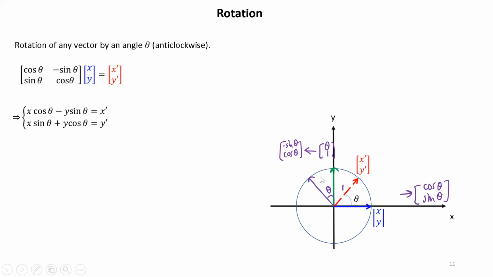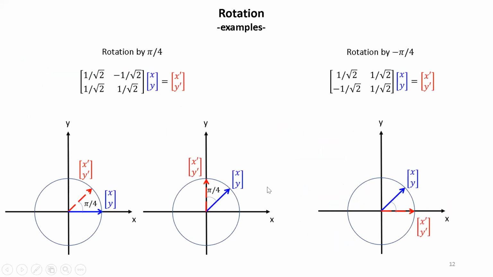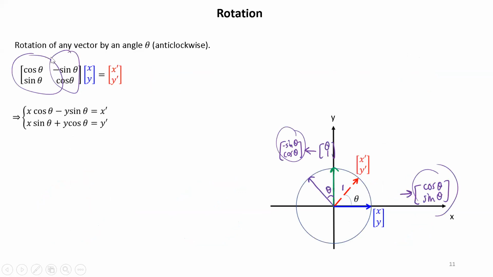And that's how you construct the transformation matrix again. Just two simple examples: pi over 4, you just substitute theta equals pi over 4 into this matrix, and then you get your rotation matrix. And if I want to rotate by minus pi over 4, nothing but just substitute minus pi over 4 into this matrix.